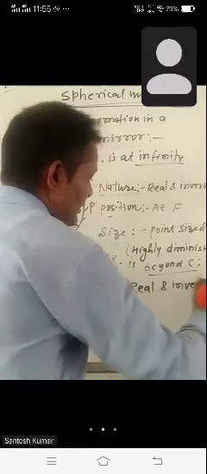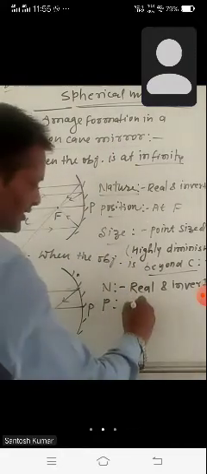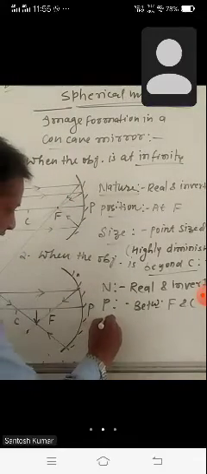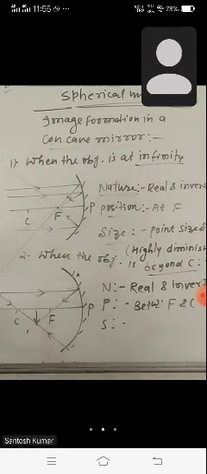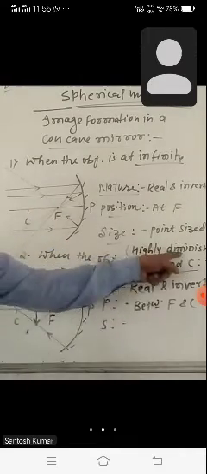And the position will be between F and C, focus and center of curvature. And the size this time is diminished with respect to the size of the object. See, the size is smaller. Earlier it was point size, that's why I had highlighted it.